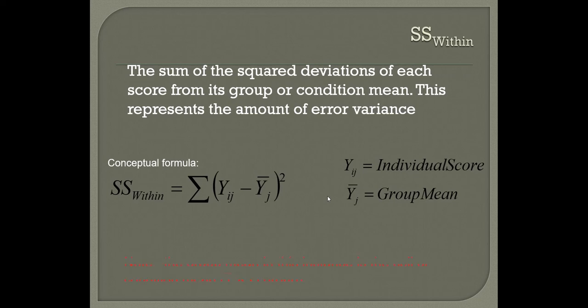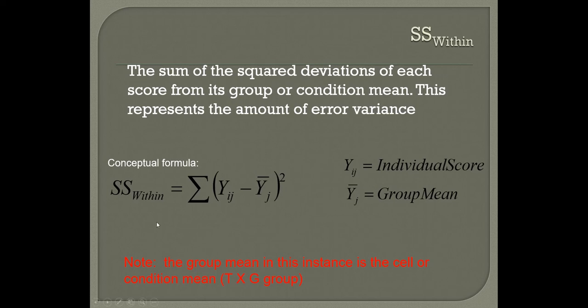Well, actually, before we take those and create the mean squares, we'll also need to calculate the sum of squares within. So basically the sum of squares within is our raw measure of error. We would take the sum of the squared deviations of each score from its group or condition mean.